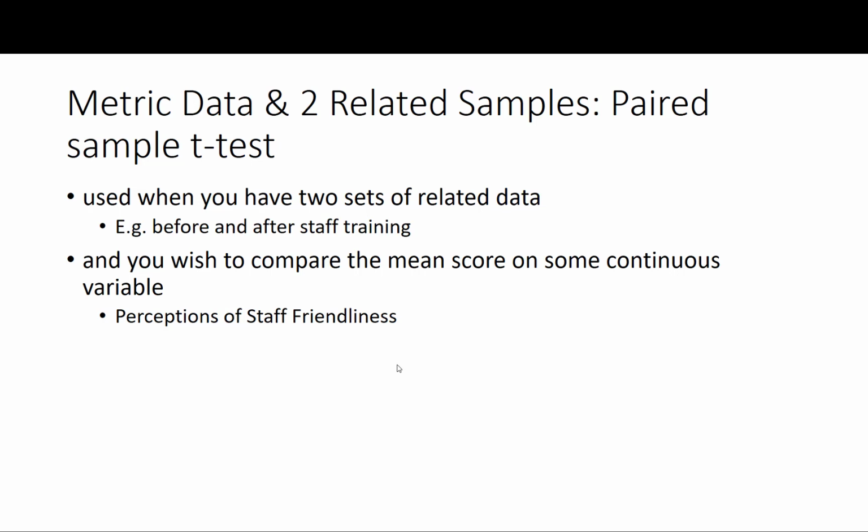So I've measured people's perceptions of staff friendliness in one time period. I have then trained my staff, and then in a post-training period I have measured customers' perceptions of staff friendliness again. So this is the same variable measured in two different time periods, and that is why they are related.